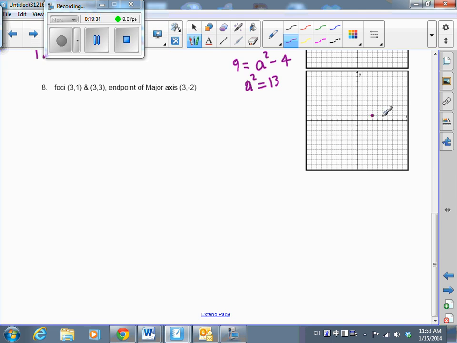And the second one is at 3, 3. Freddie, please tell me where the center is. 3, 2. Perfect. So we know the center is at 3, 2.